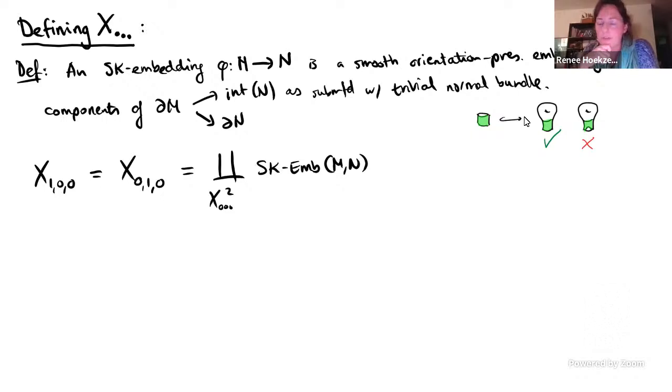I can make this into a space using the C infinity topology. And I define x100 and x010 to be the disjoint union over all manifolds M and N of SK embeddings from M to N.